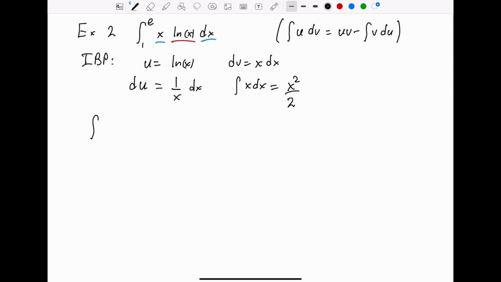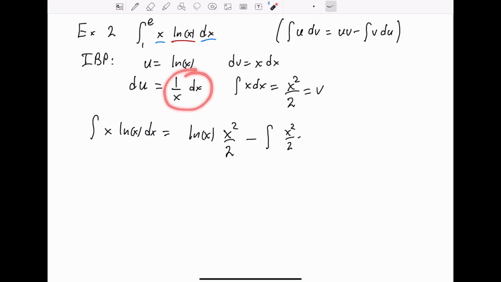So our integral becomes u, natural log of x, times v, which is x squared divided by 2, minus the integral of v, x squared divided by 2, times du. du is 1 over x dx. Now, we are dealing with a definite integral here from 1 to e, and we'll use these limits once we've fully evaluated all of the integral here.